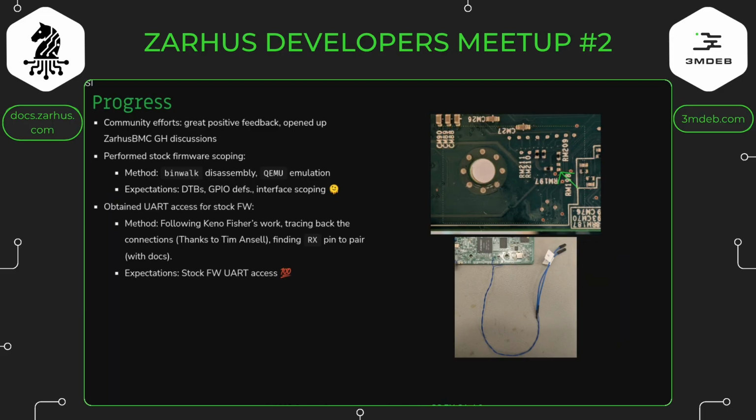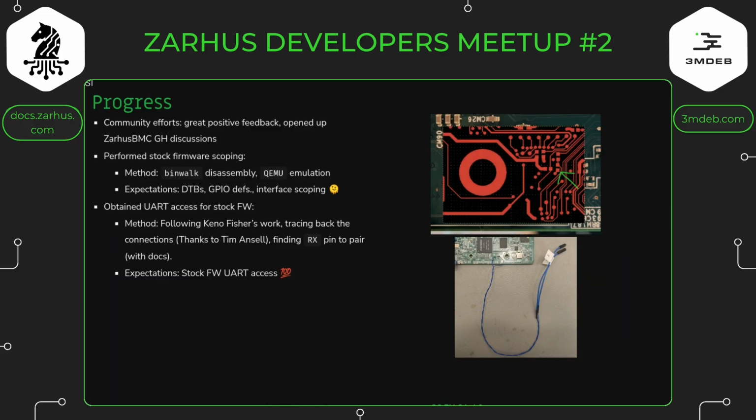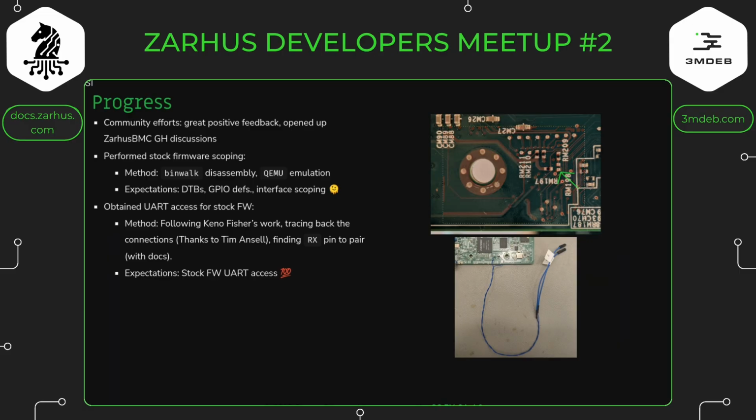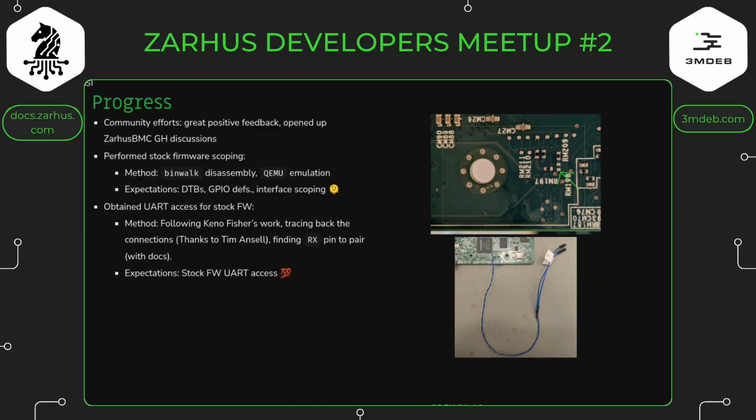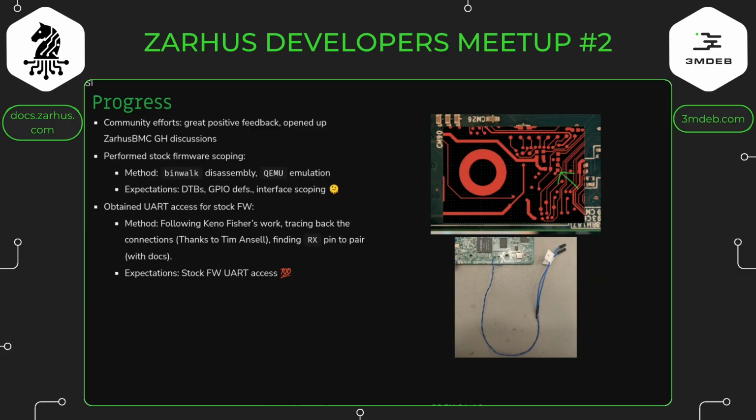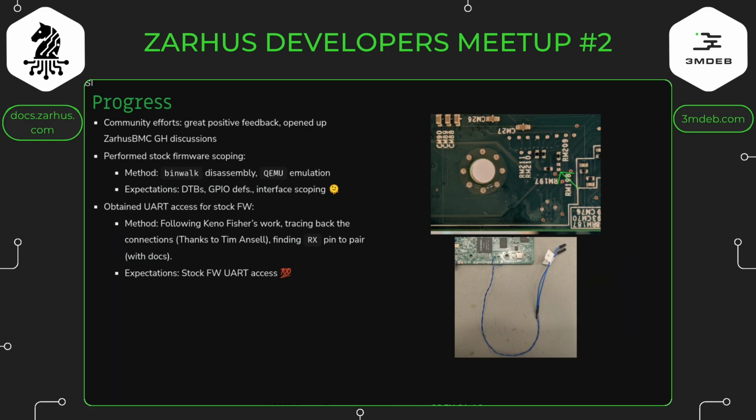So the second, I think bigger, progress we made was that we obtained UART access for the stock firmware. We followed Ken Fisher's work, the same guy who is responsible for the U-BMC port, because he discovered by probing the board physically where the UART TX pin is on the motherboard.